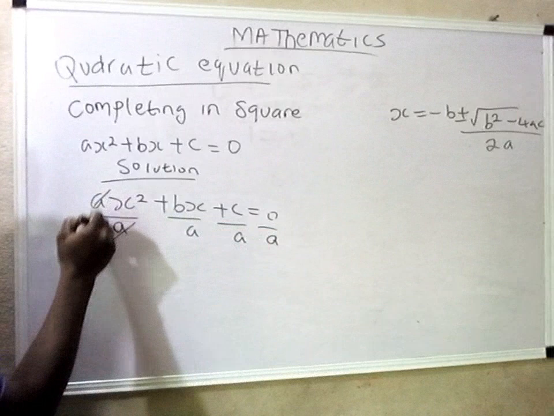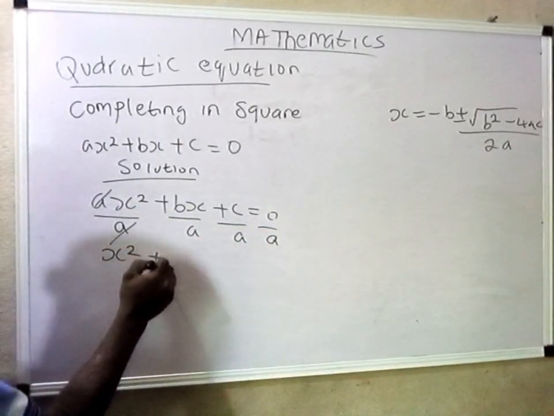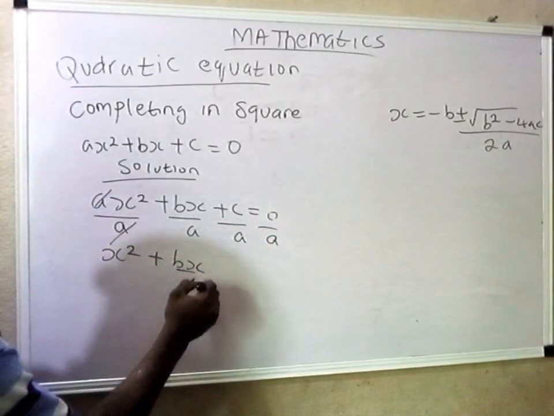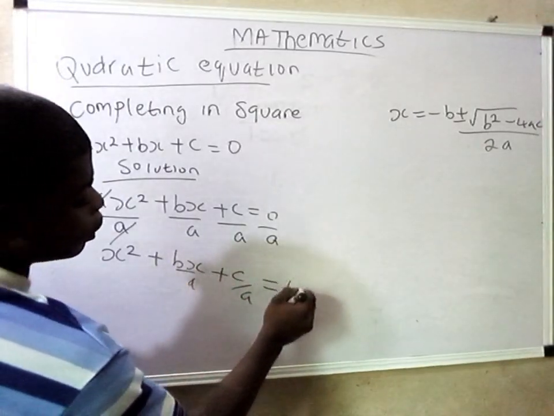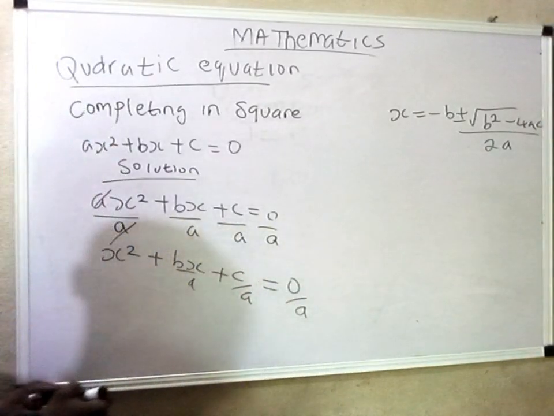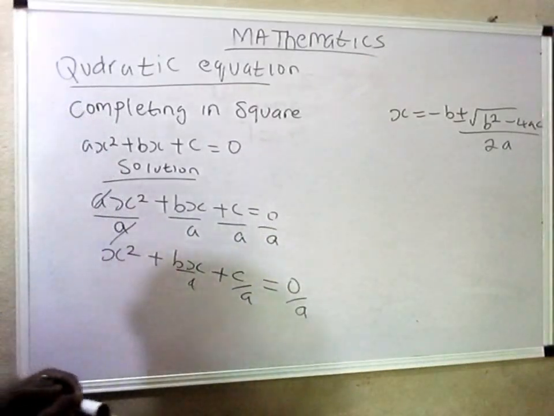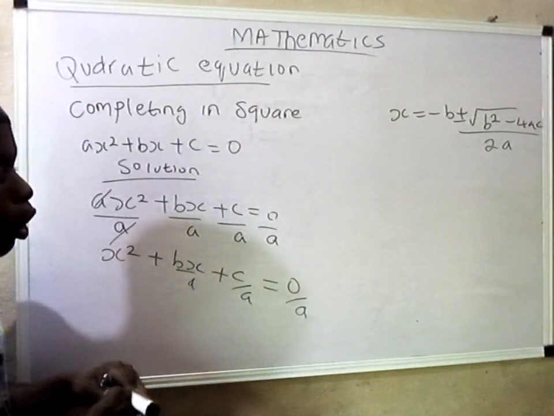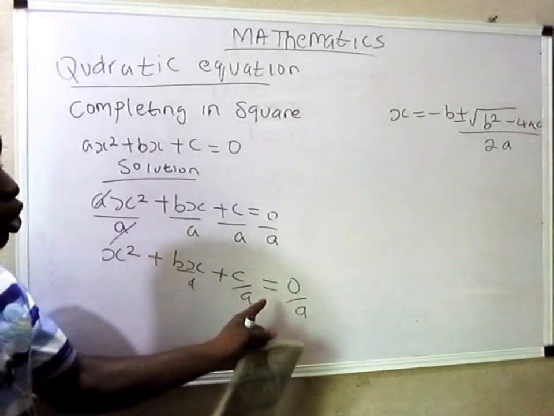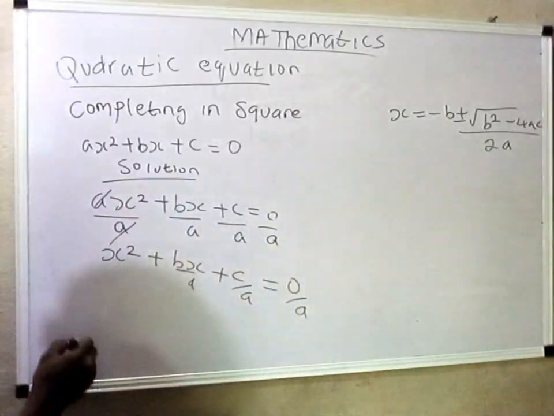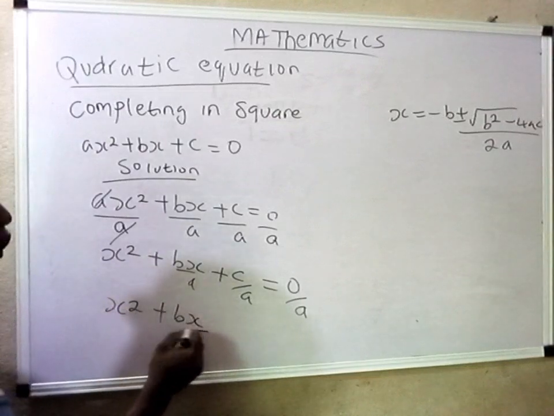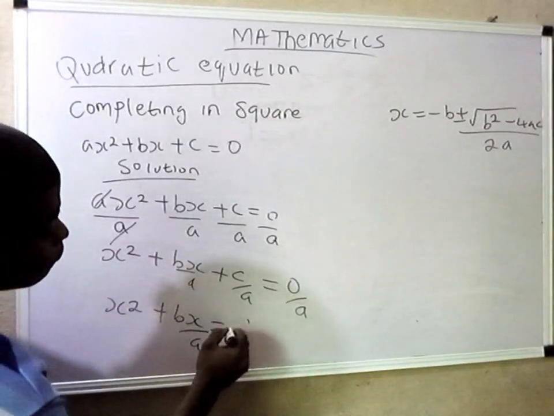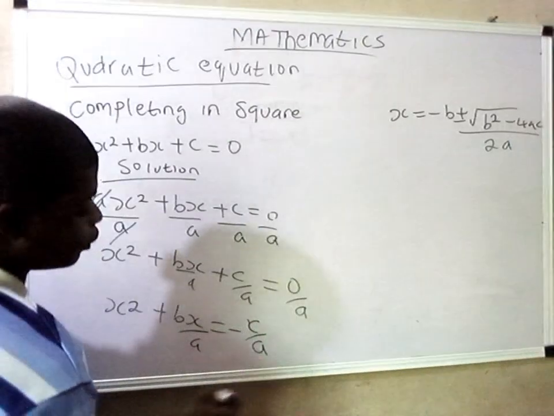So a cancels a: x squared plus bx all over a plus c all over a equals 0 over a. Then the next step is to take this c over a out of the equation and bring it out. So x squared plus bx all over a equals minus c all over a.